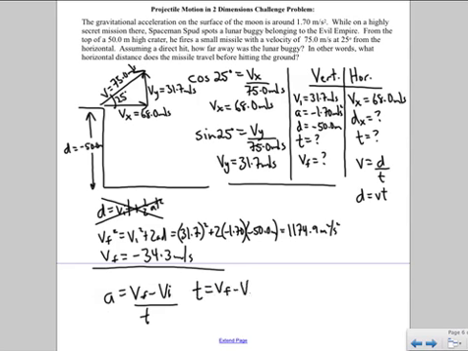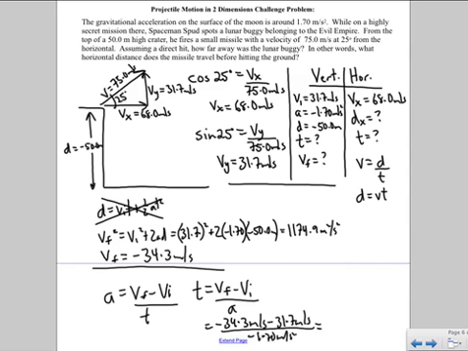So I just did this in 2 steps instead of 1. The final velocity, negative 34.3 meters per second, minus the initial velocity, 31.7 meters per second, all over the acceleration, negative 1.70 meters per second squared.